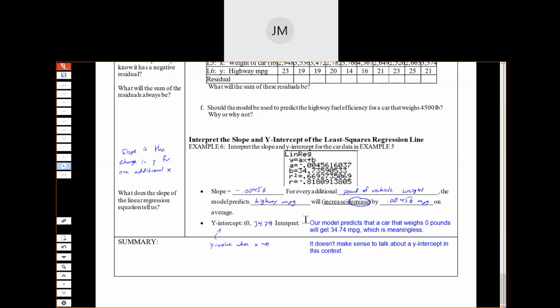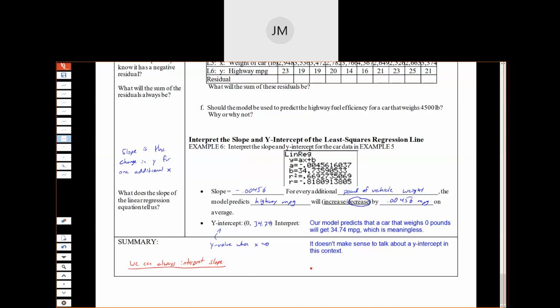Okay. It always makes sense to talk about slope, so we can always interpret slope. Okay.